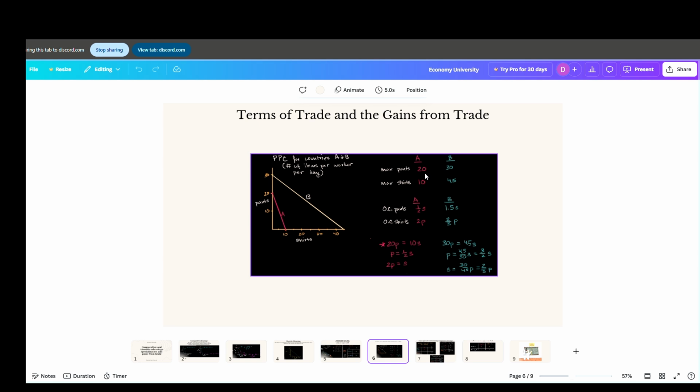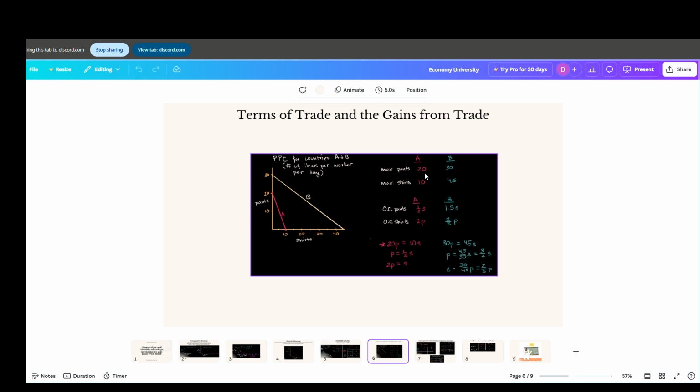So with this, you can see how I calculated it on the downside. Basically, we calculated opportunity cost by dividing both sides by the cost we're searching for.